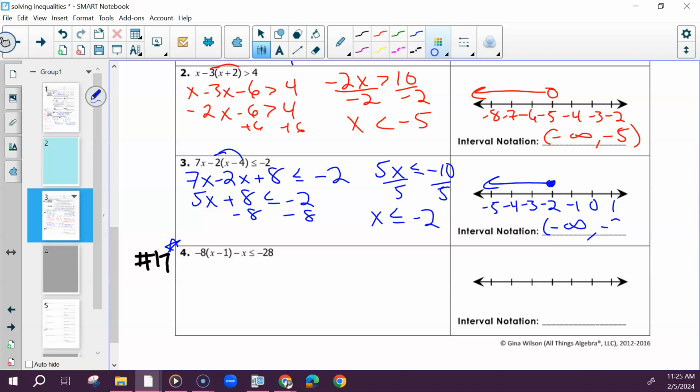Negative 2, but this time because it's closed, we're going to use a square bracket. Anytime it goes to positive or negative infinity, that's always going to be a parenthesis. We will have some examples when we do our next lesson where you may have two square brackets instead, or a mixture of.